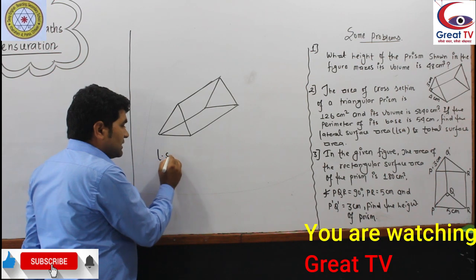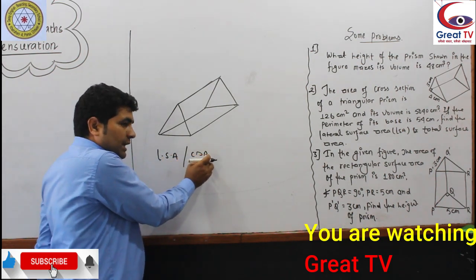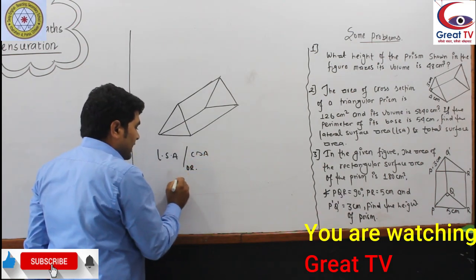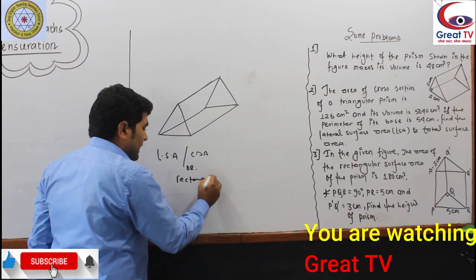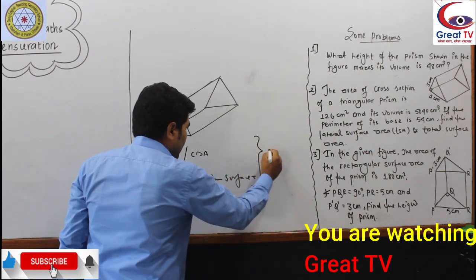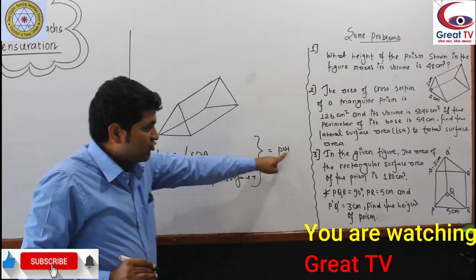It's LSA or CSA. C means curved surface area, not cross section area. Curved surface area or rectangular surface area formula equals P times h.